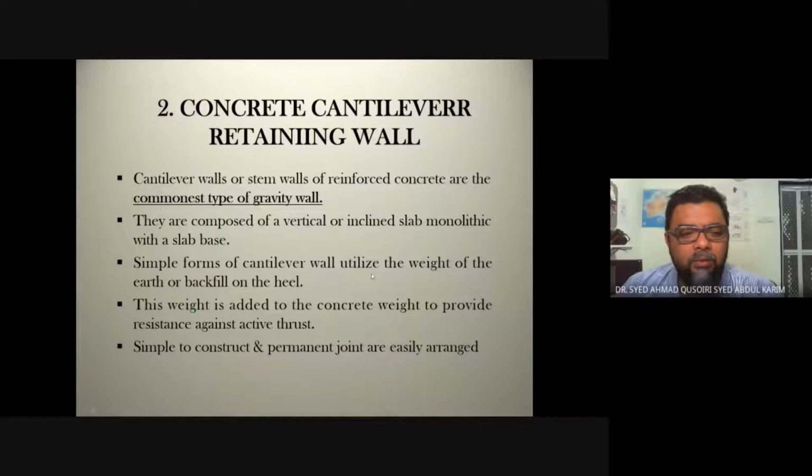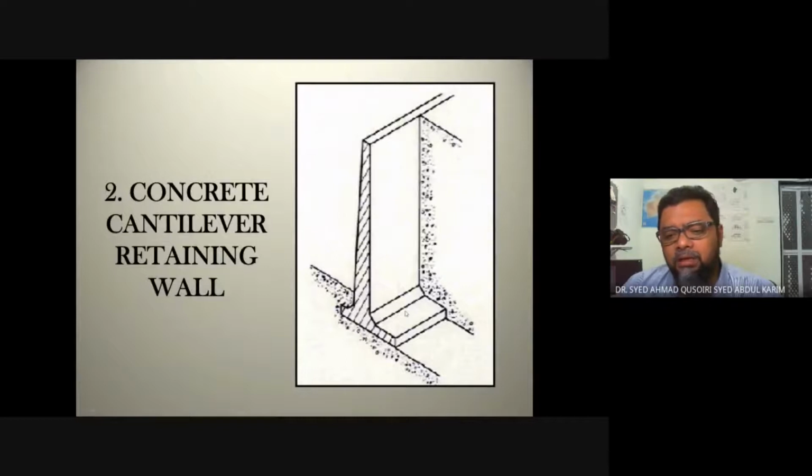Cantilever walls utilize the weight of the earth or backfill on the heel, as I said earlier. You can see the heel here is very large. The purpose is so that we have a volume of soil pushing down against this heel, acting as part of the wall itself. So it will push down on this heel, planting this retaining wall further into the ground.